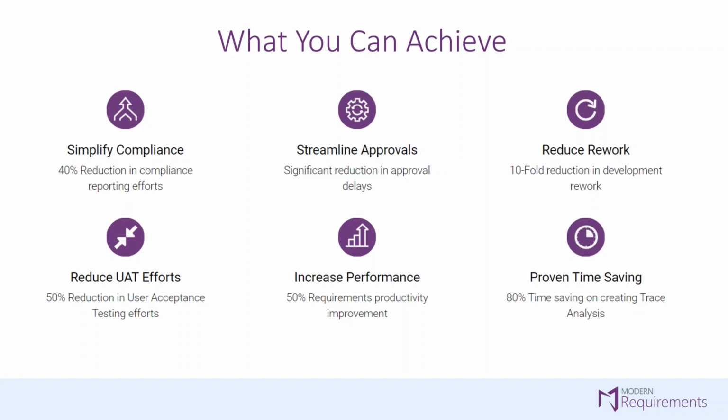Our users have consistently reported 40 to 50% increases in requirement productivity and quality thanks to the automation behind our features. If you're curious to learn more about modern requirements for DevOps, there is a handout that is attached to this webinar under the handout section, where you can take a look at some of the features and details.